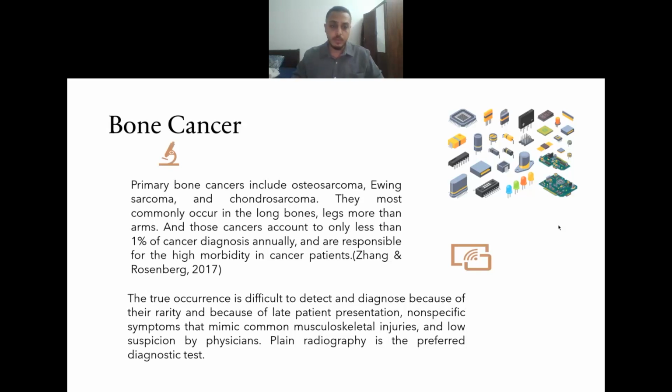But the true occurrence is difficult to detect and diagnose because of their rarity, late patient presentation of symptoms, non-specific symptoms that mimic common musculoskeletal injuries, and low suspicion by physicians. Plain radiography is the preferred diagnostic test.